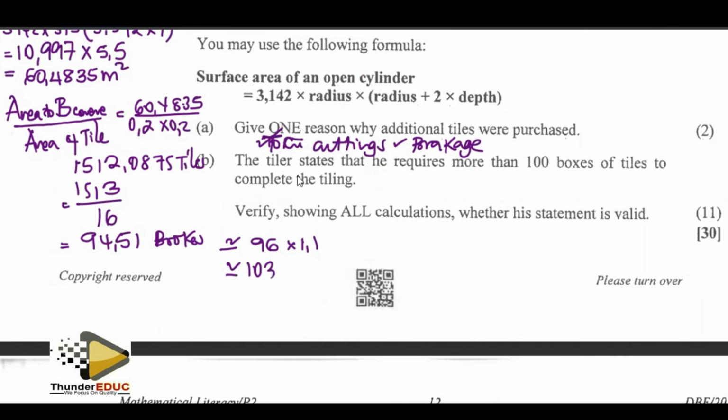You have 100, correct. This is more than the boxes in the scenario.